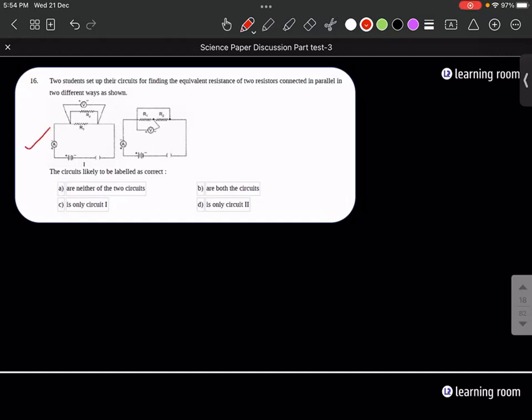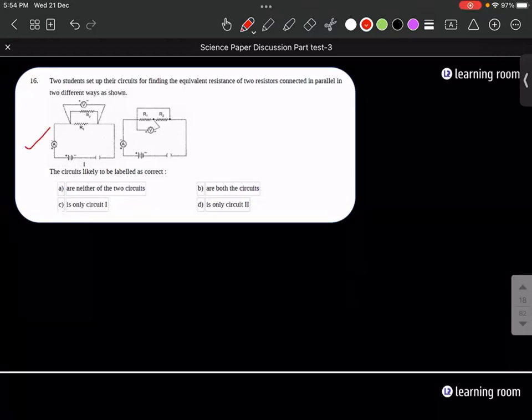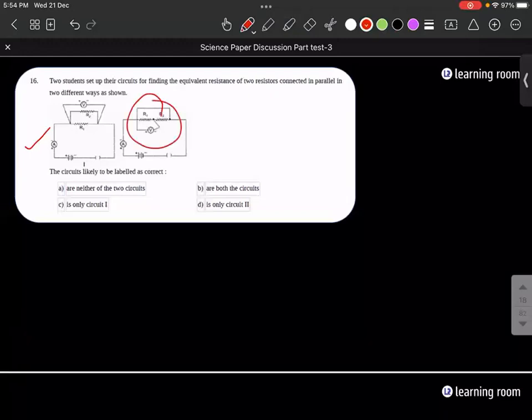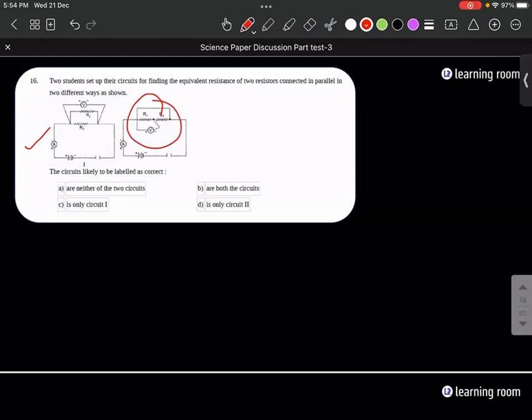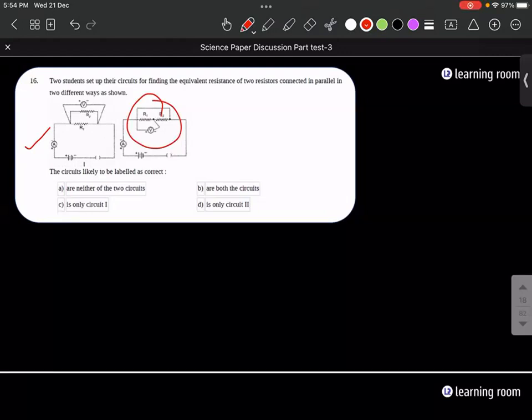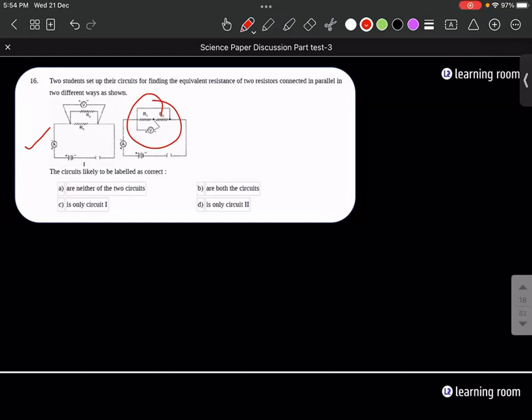It is A, because the voltmeter is connected in parallel to both R1 and R2, whereas here it is not.